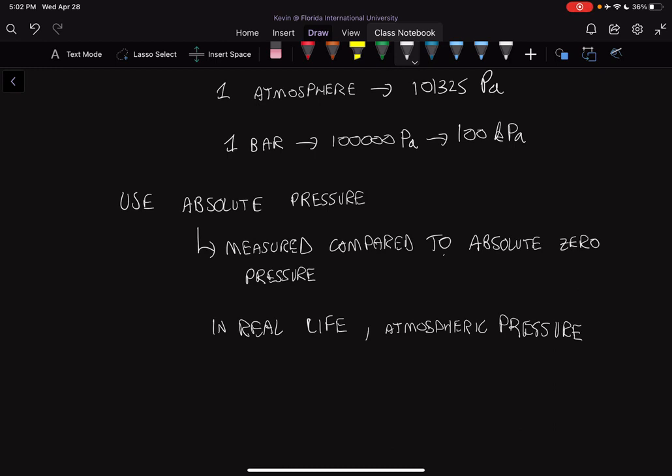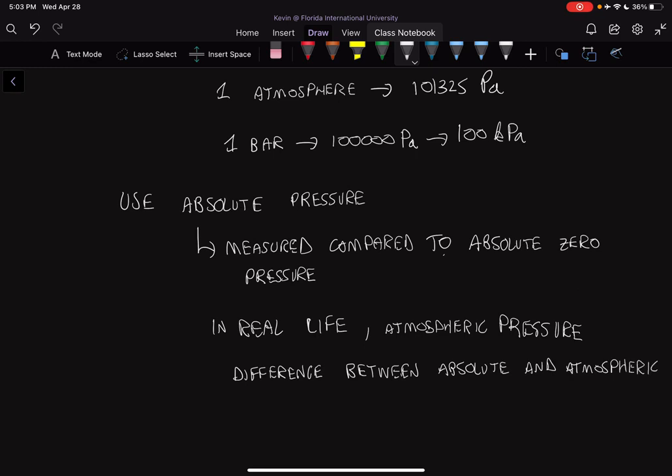So in real life, pressure is measured by the difference between absolute and atmospheric, because it's a lot easier to measure.